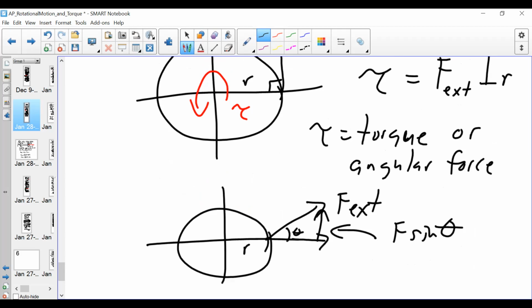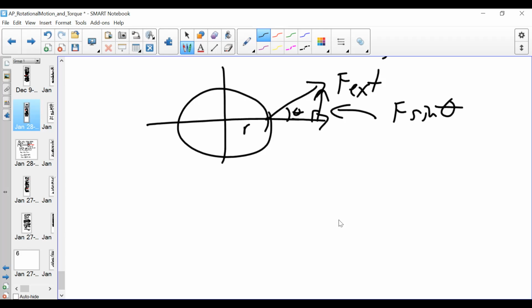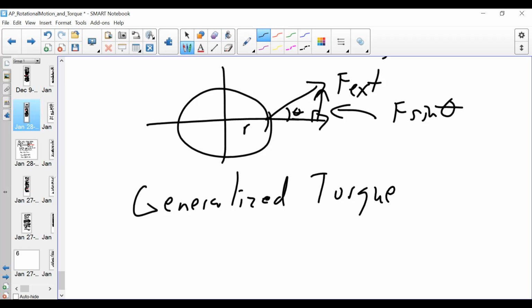Okay, extend our radius out like that. So then our generalized torque equation is net torque is equal to F sine theta times R.